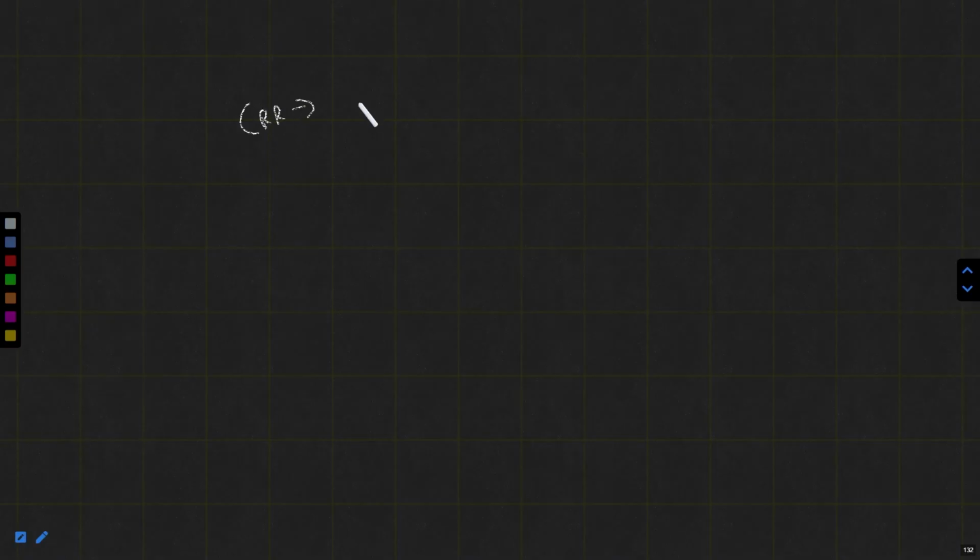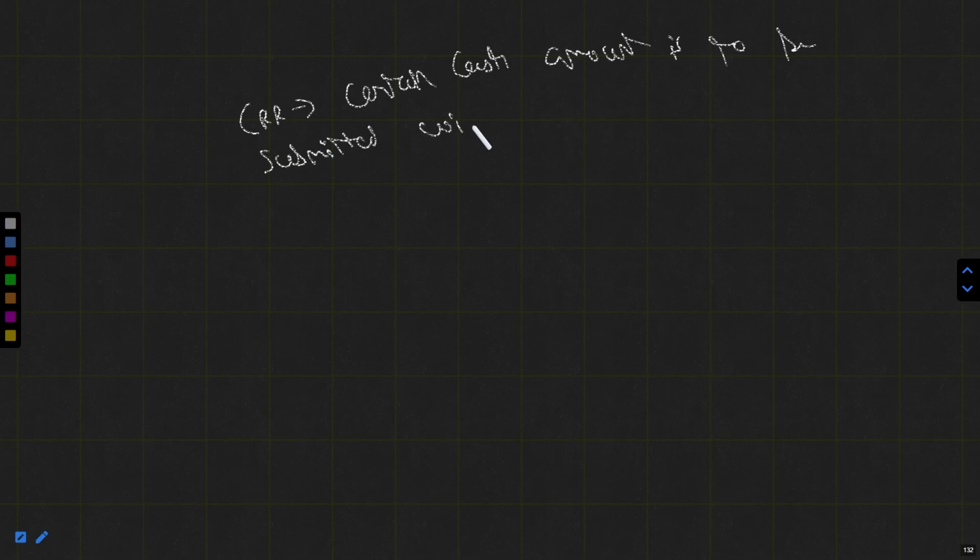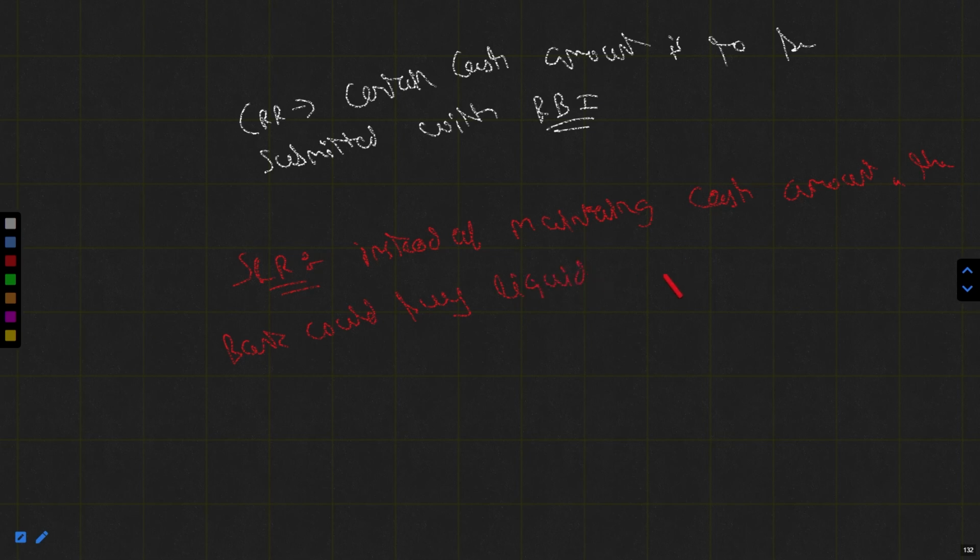So like the CRR, where a certain cash amount is to be submitted with the RBI, in the SLR formation, instead of maintaining a cash amount, the bank could buy liquid assets.